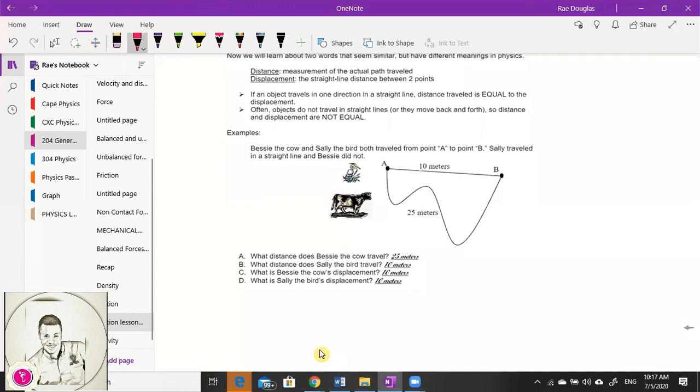Good. The question says, what distance does Daisy the cow travel? Look at the question.